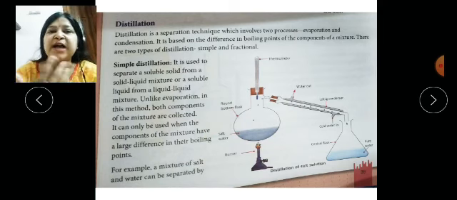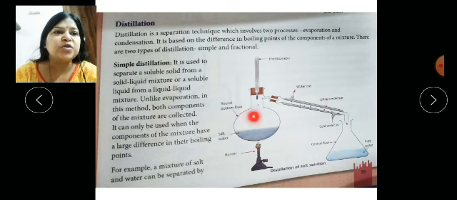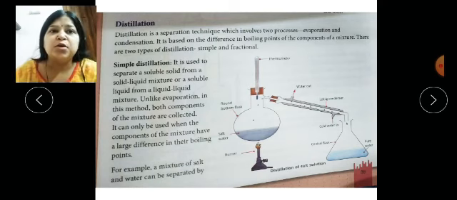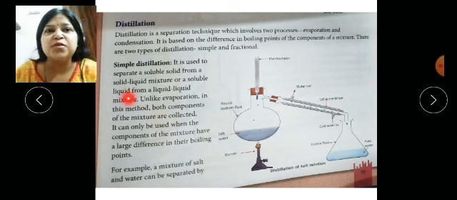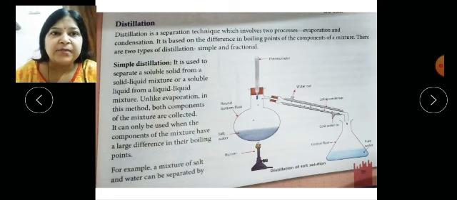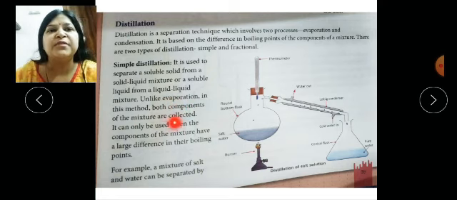For separating salt and water, we can use the simple distillation method. Through this we can use a soluble solid mixture and a miscible liquid mixture, not immiscible. And unlike evaporation, in this method both components of the mixture are collected.